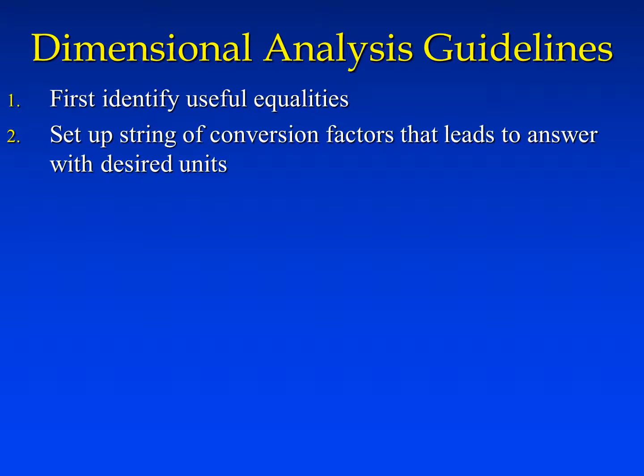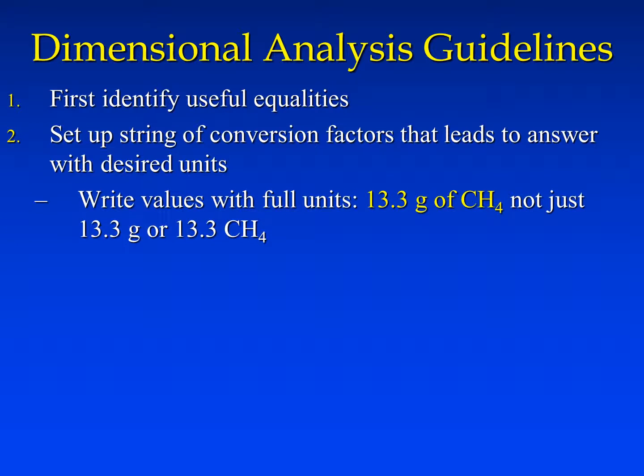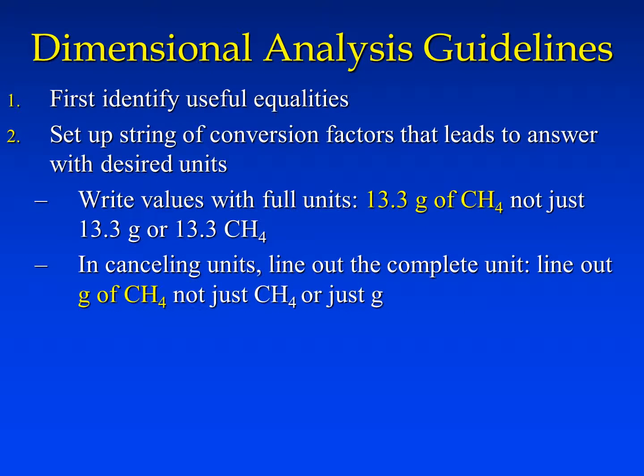Then you set up a string of conversion factors that lead to the answer with the desired units. How would you do that? Of course, you would write values with full units. Please do not write just grams or, as I'll show you here, just methane. When you cancel out the units, line out the complete unit, not just part of it.